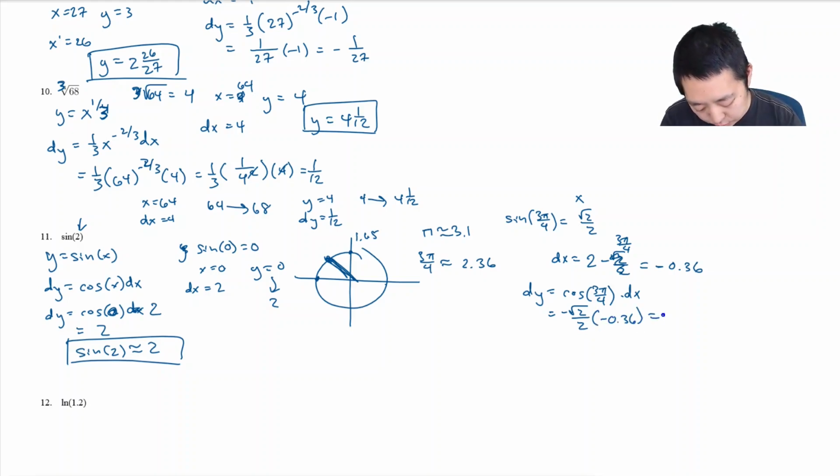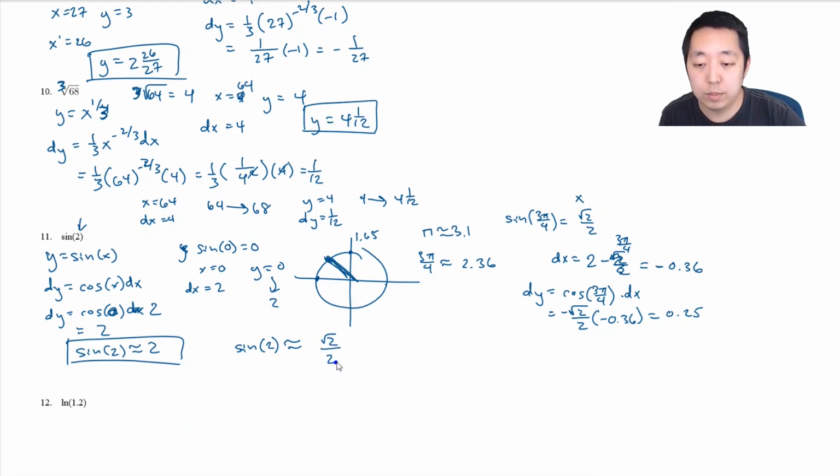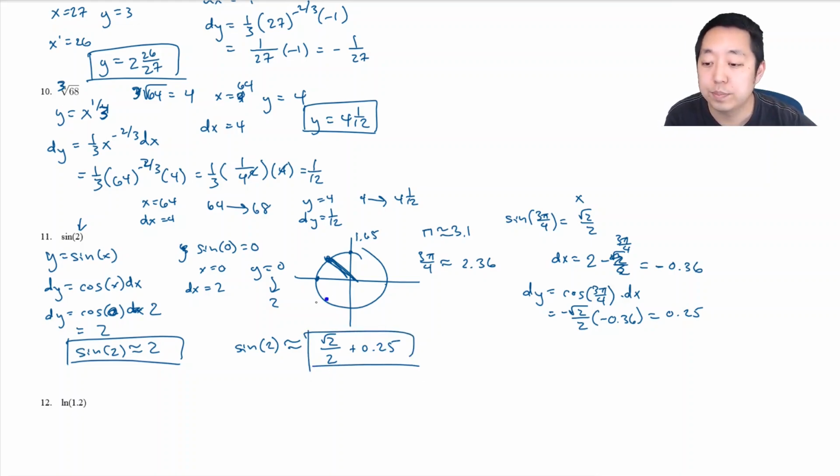If I do that times negative root 2 over 2, I get 0.25. And so my approximation of sine of 2 would approximately equal whatever the sine at x was, root 2 over 2, plus my dy value, which is 0.25. That would be my approximation.